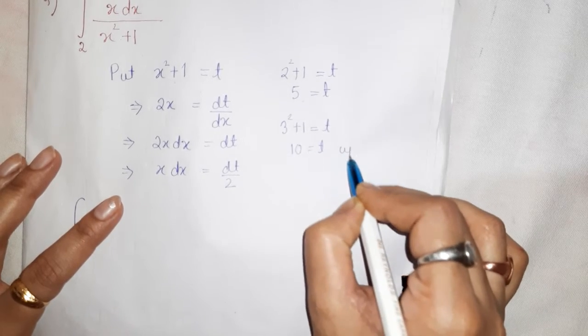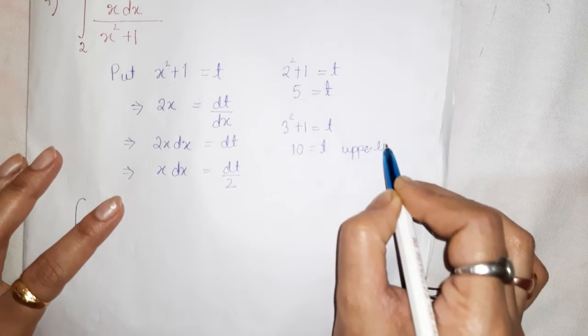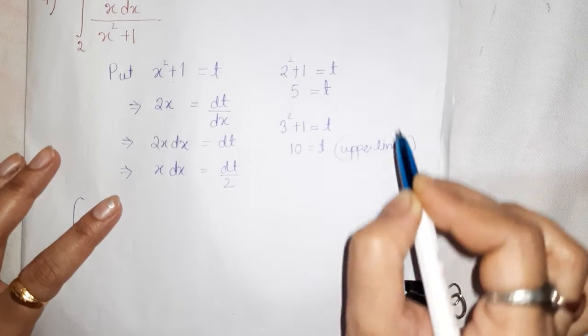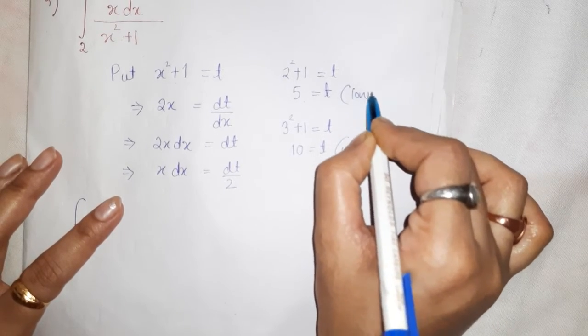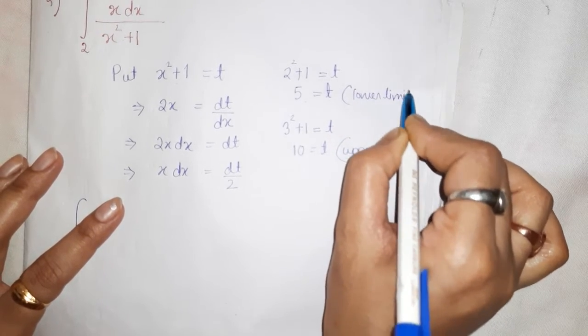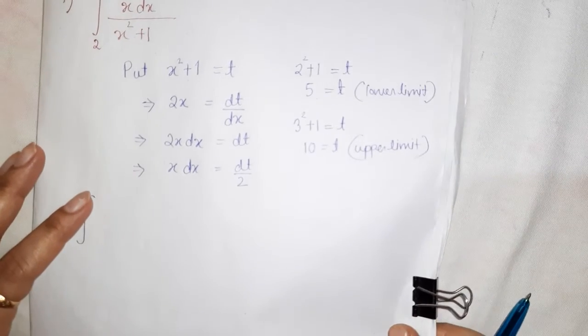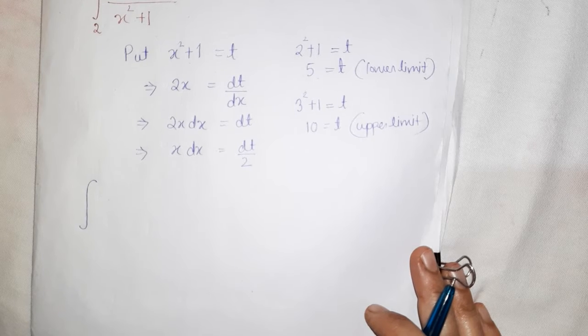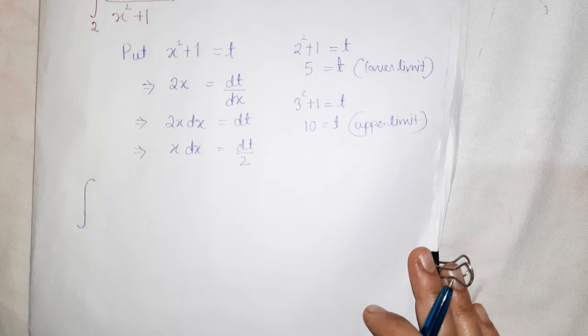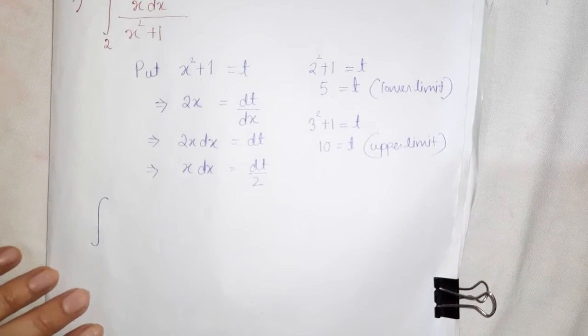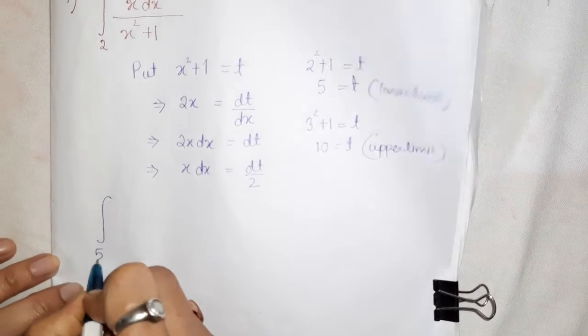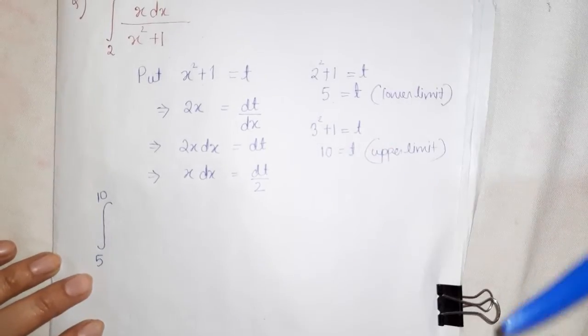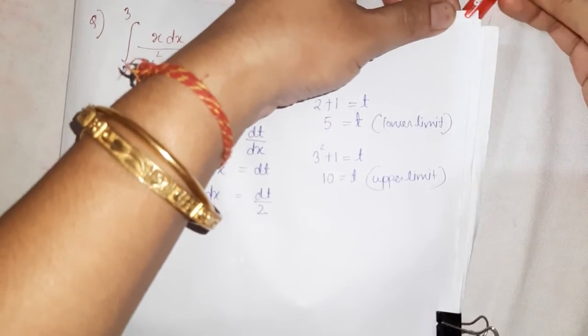This is the upper limit, and this is the lower limit. If you substitute the function in another variable, then you have to change the limit also. So now your integral will become from 5 to 10.